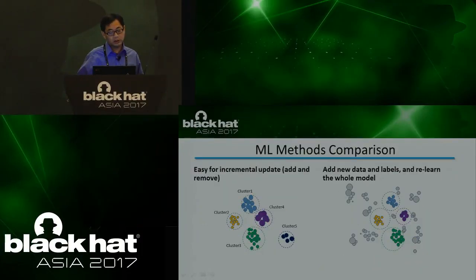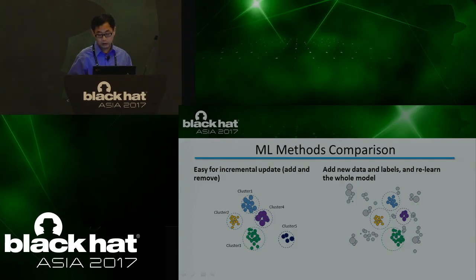Another machine learning method comparison: for supervised, as I said, it is hard. You have to add new data and new labels and relearn the whole model. For the unsupervised, you can do it incrementally, so you can just add your information. In this diagram, first we do the 4 clusters. Then we add information that is good enough to have cluster 5.